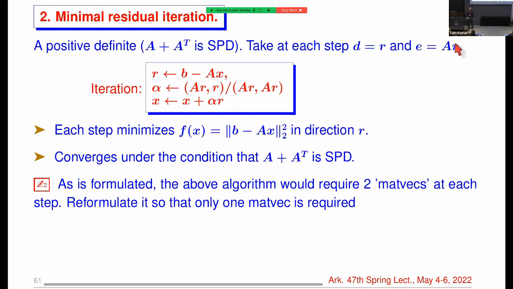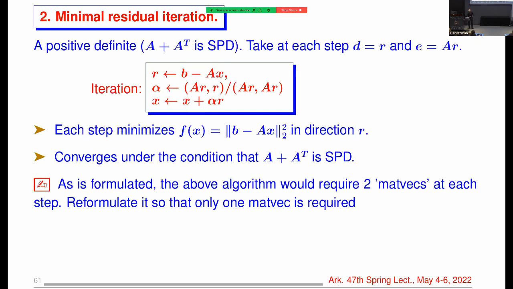So the L is AR here. From what we know from the theory, we're minimizing the residual because L is A times K. So here is the algorithm: compute the residual, compute alpha in this way by imposing that the new residual has to be orthogonal to the old one, and then update X. That's very simple. And you can use the same trick to have one matrix-vector product instead of two.